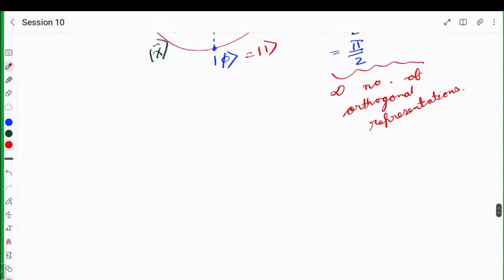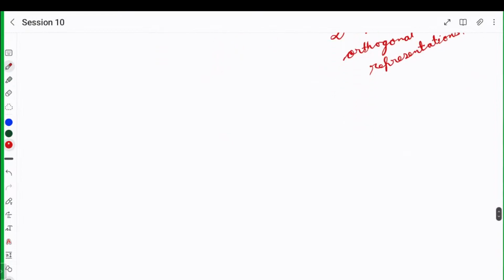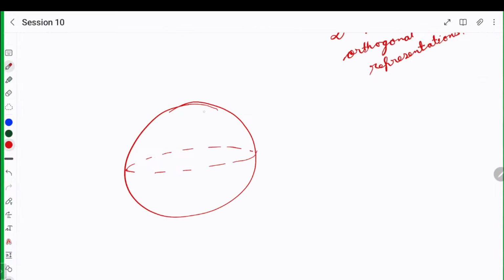Now let me ask you something. Let's say I have a point inside the Bloch sphere. This is my point, and it divides the line joining orthogonal states chi bar and chi in the ratio 4:1.